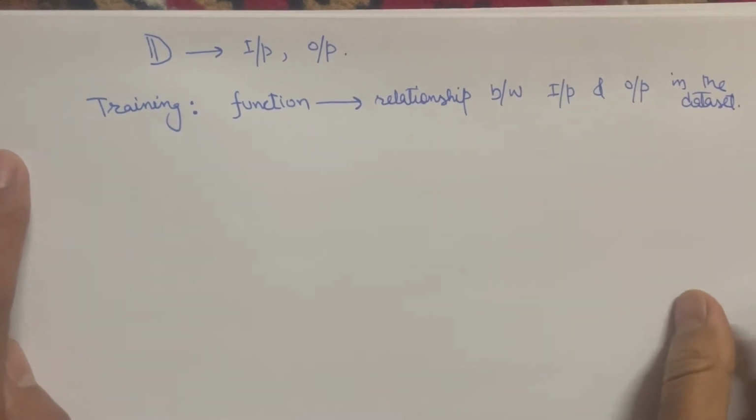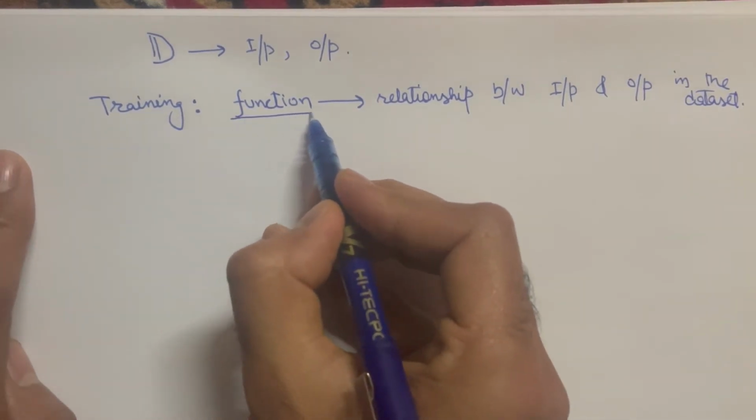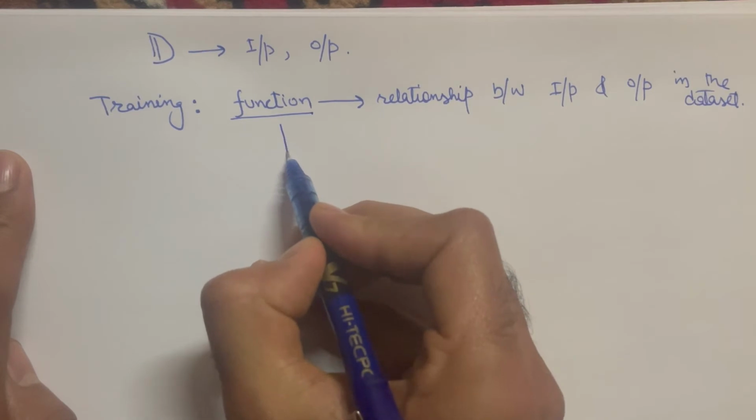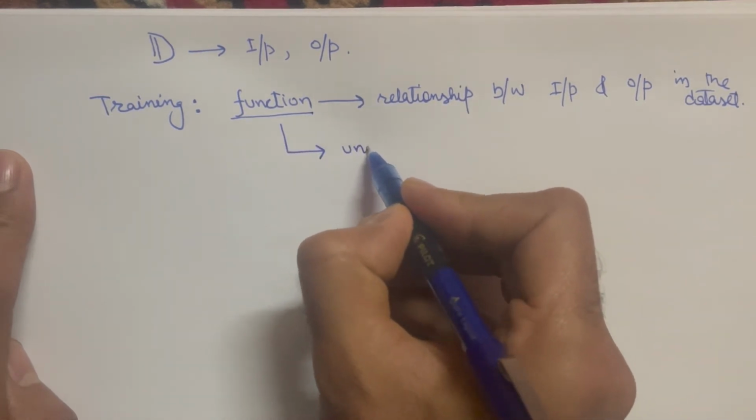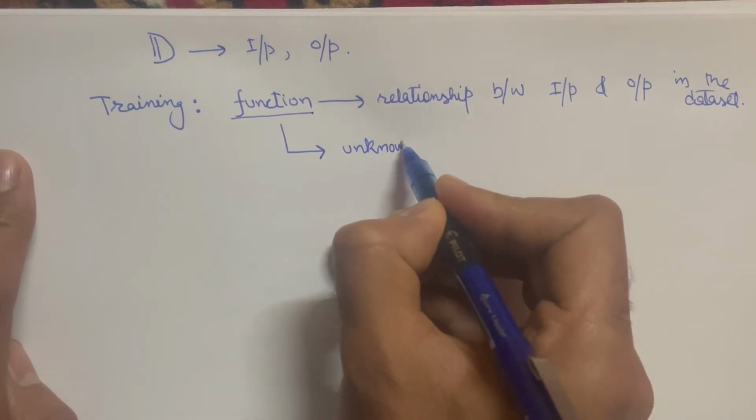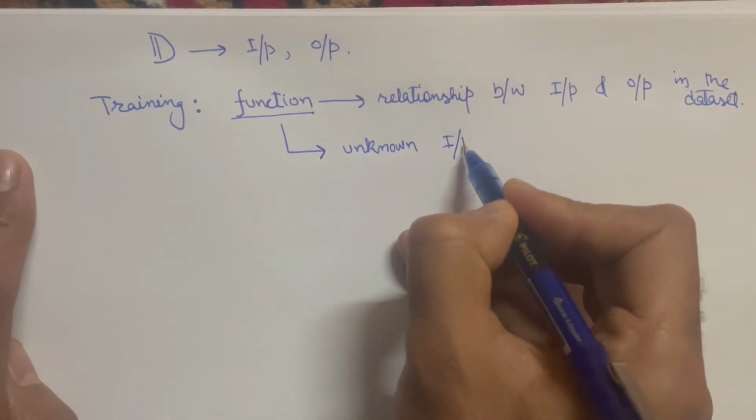So that means if we are able to find this function, then we can use this function to give the output on an unknown input.